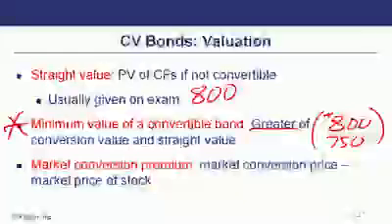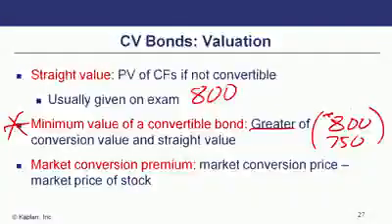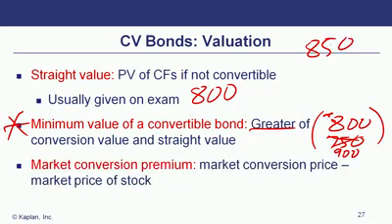Now, what would happen if the stock price ran up from 75 to 90? Then this would change to 900. Is it ever going to be the case that you could buy a bond for 850, turn it into the company, immediately get the stock, and sell the stock and get 900? No, that's the easiest of arbitrages.